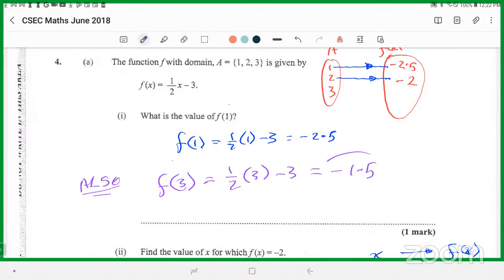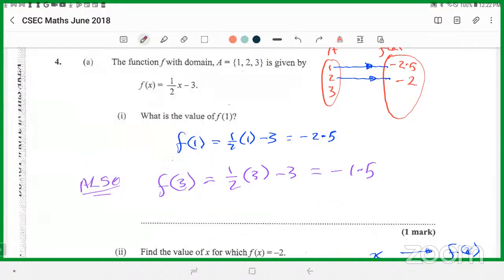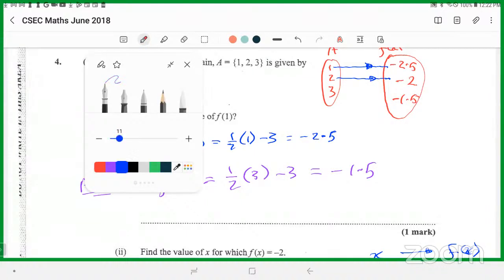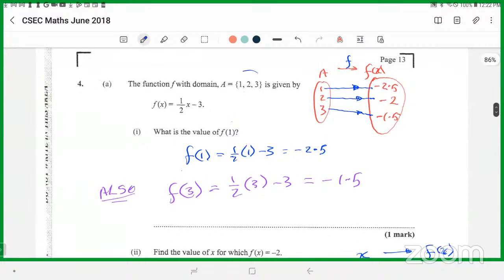So negative 1.5 is the next value inside here, the range value, that 3 maps onto. So let me write it in the mapping diagram. This is negative 1.5, and 3 maps onto it. That's the mapping diagram for this function on this domain.